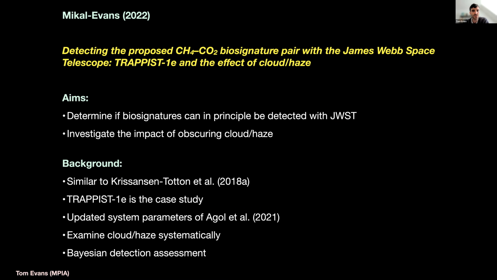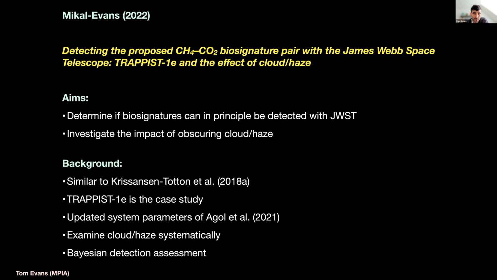The main aim of this study was to determine if the methane carbon dioxide biosignature could at least in principle be detected with JWST. And I also wanted to investigate how the detectability of these gases might be affected by clouds or haze at different altitudes in the atmosphere.